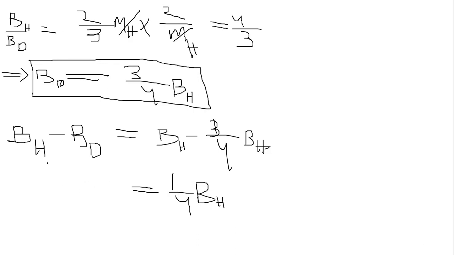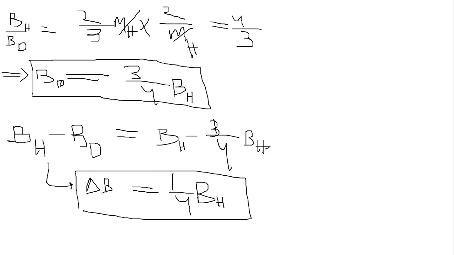So the difference, that is the change in B, is 1 by 4 BH when the hydrogen atom in hydrogen molecule is changed to deuterium. So is it clear to you what I explained in this problem?